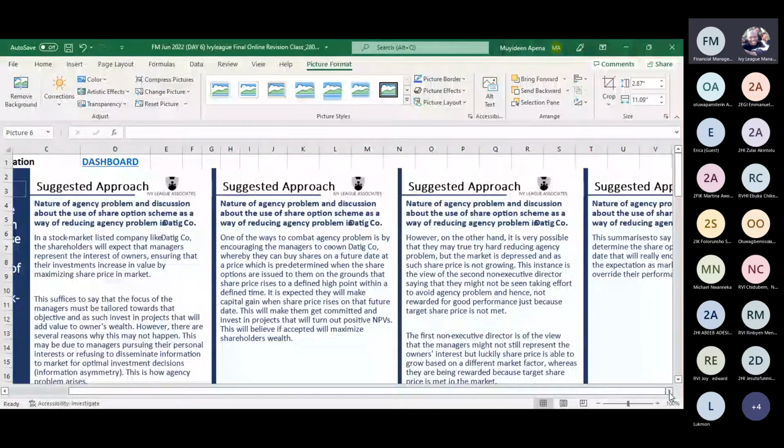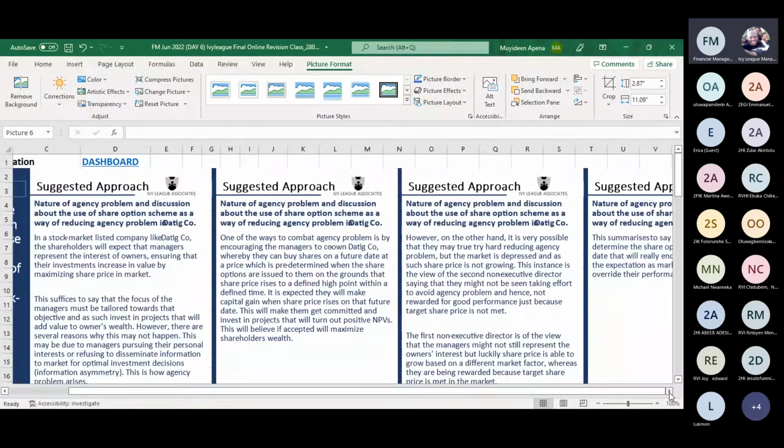The other director is saying that it is even possible that the managers are not doing all they need to do, but the market is just doing well, the market condition is improving, and the share price of the company is increasing.